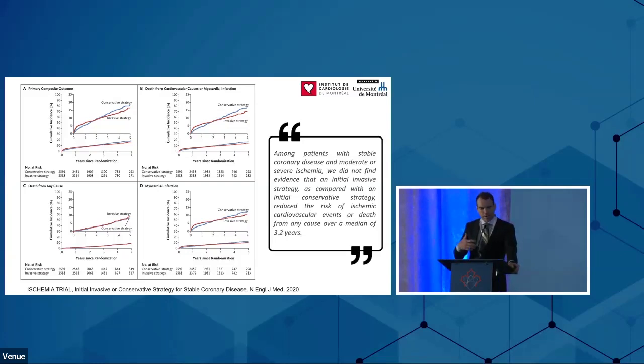There was a selection bias. There was a lot of crossover between the conservative and invasive strategy. Ischemia testing was really suboptimal. A lot of patients actually just had a treadmill stress test, and they were enrolled based on that. But nonetheless, the literature in cardiology is really pointing towards conservative and invasive strategies being equivalent.